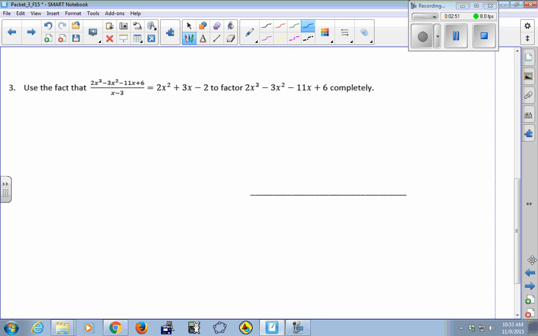If I divide it by the binomial x minus 3, this answer doesn't have any remainders. So what we say is that x minus 3 is a factor of this original polynomial because it divides into it evenly. It goes into it this many times.